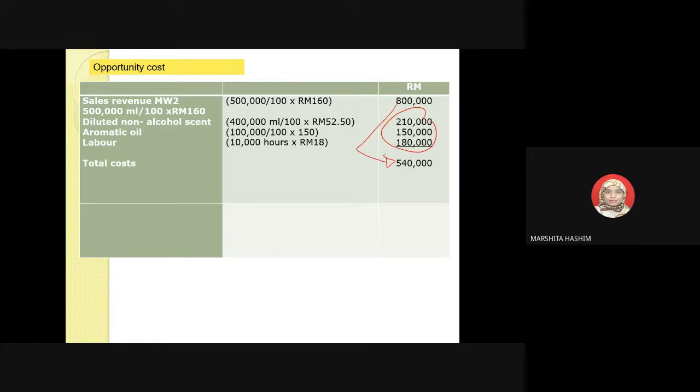So the difference between these two is your contribution margin. How much is your contribution margin? 260,000, madam. 260,000. Okay, 260,000.